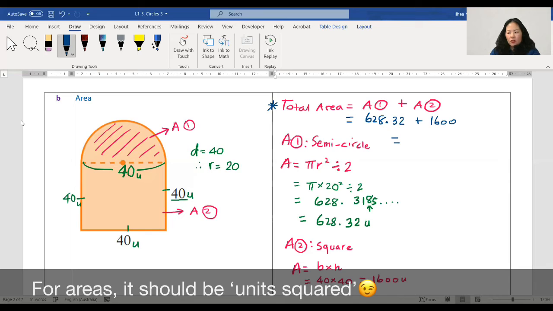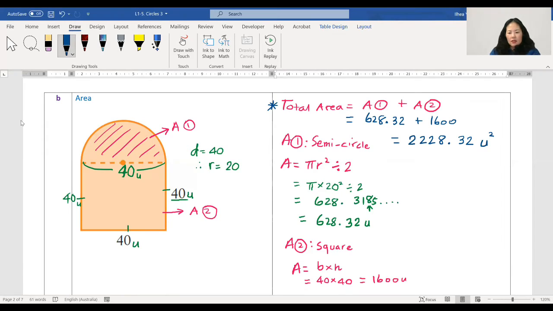So therefore my total area is 2,228.32 units squared. Oh, I made a mistake. This is squared here because it was area, wasn't it? Because it's area, we need to put u squared, unit squared. Okay, so the answer is 2,228.32 units squared, or square units.